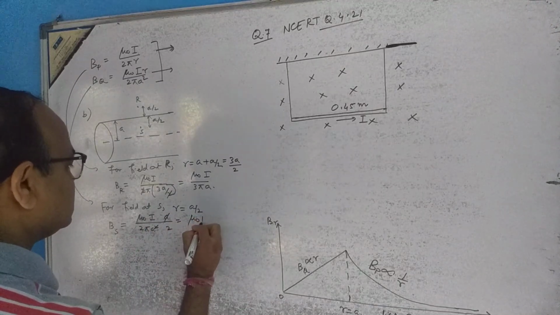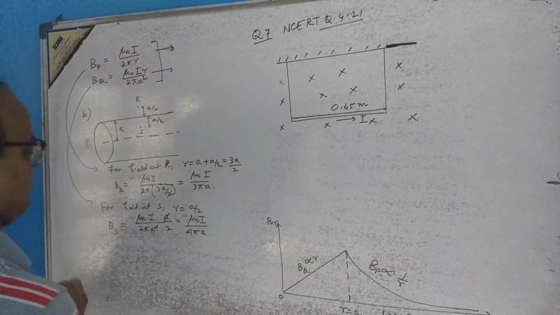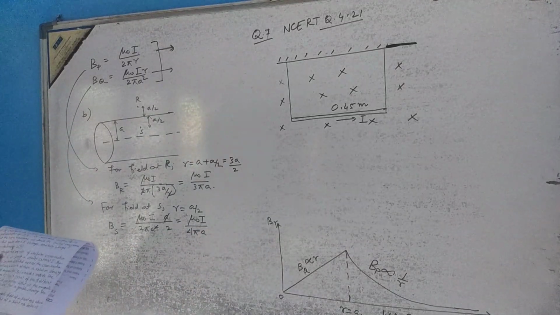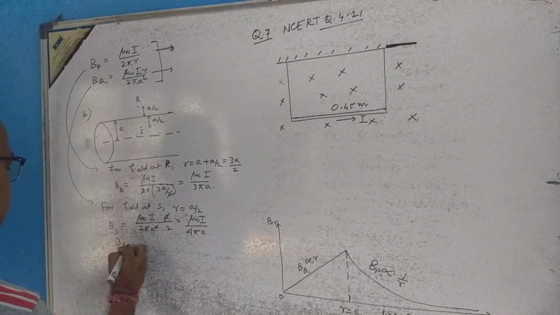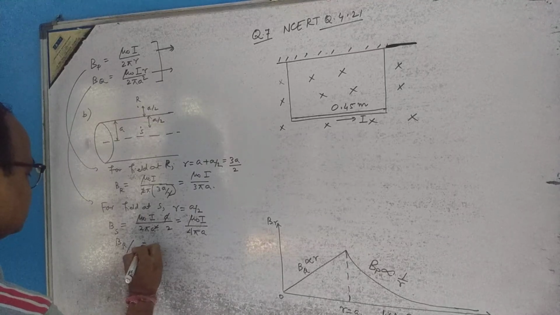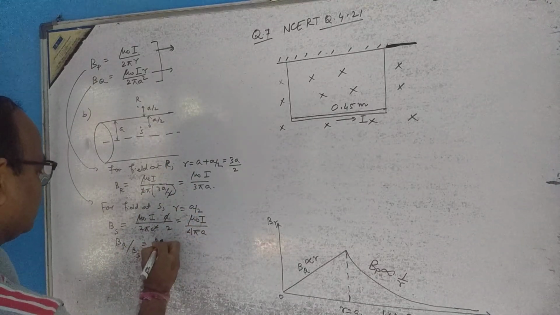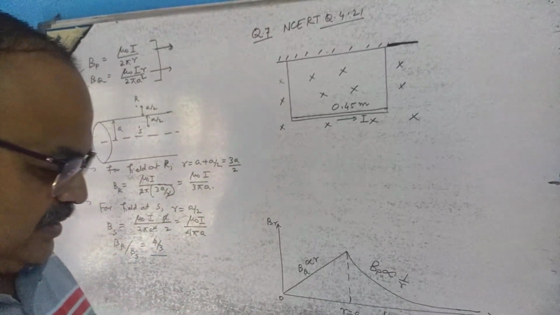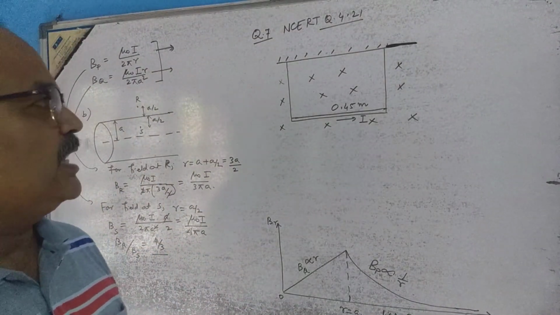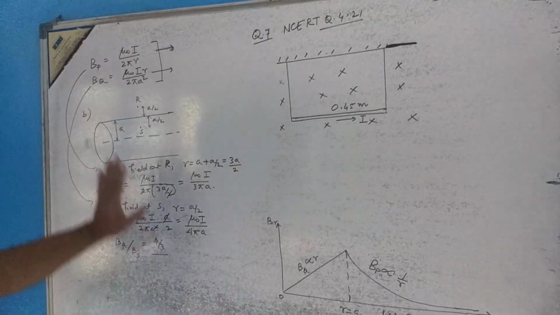Mu naught I by 4 pi A. Alright, and it has been said you have to find out the ratio, that is B_R divided by B_S. I hope it should be 4 by 3. Very simple. It can be proved that it will be equal to 4 by 3. I hope all of you got the solution. This is part B of this question.